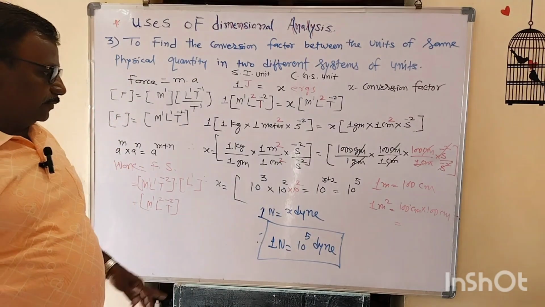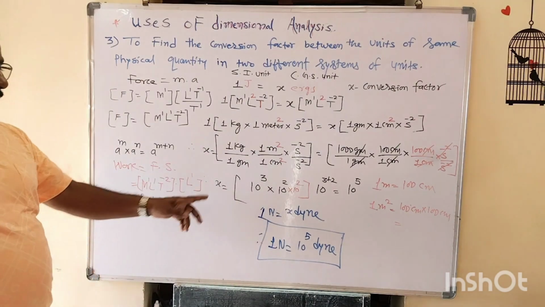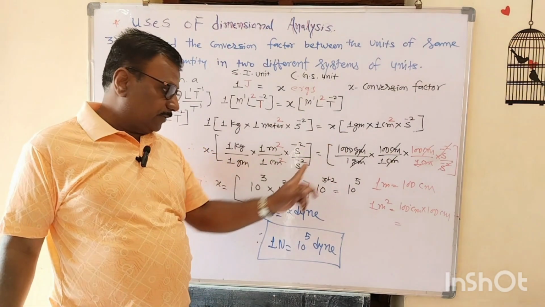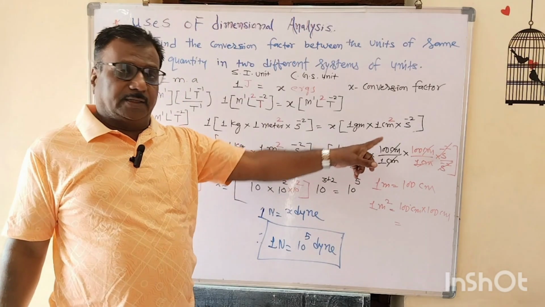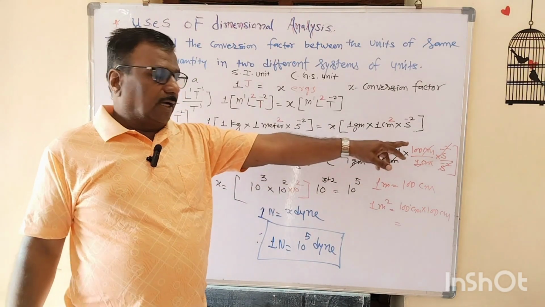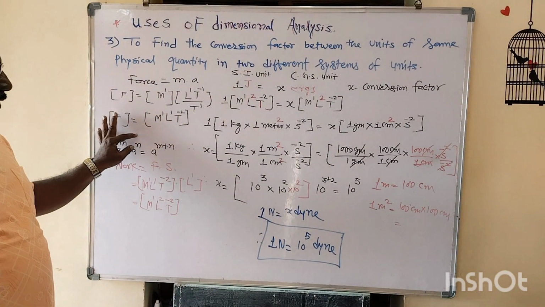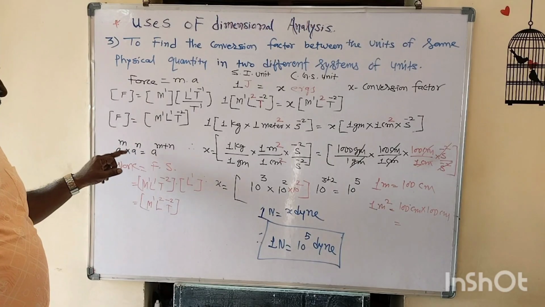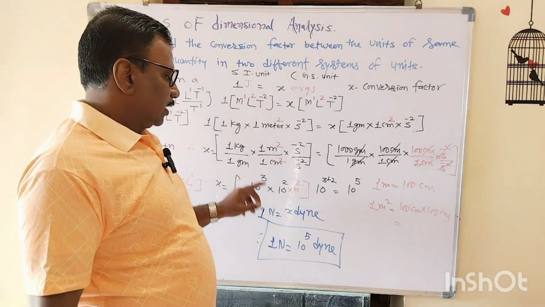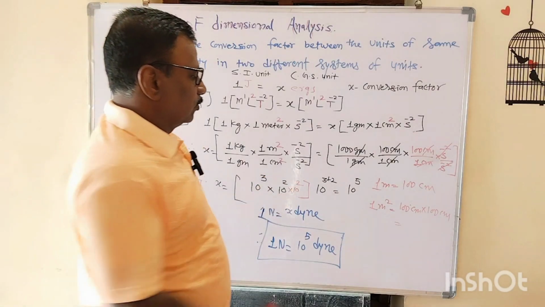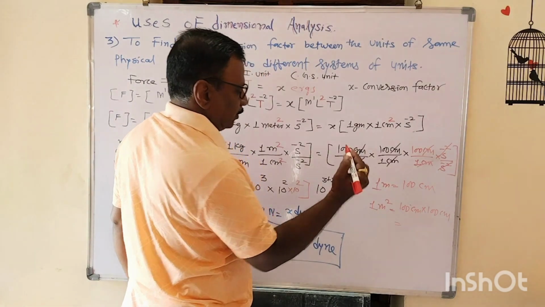Using the formula a to the power m into a to the power n is equal to a to the power m plus n, we write 10 to the power 3 plus 2 plus 2, that is equal to 10 to the power 7.